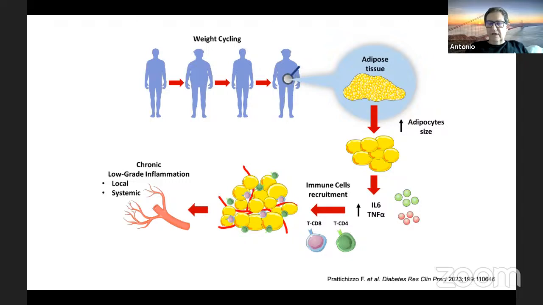And according to several pieces of evidence, this is enough to promote an increase in the expression and release of cytokines like IL-6 and TNF-alpha, which in turn produce immune cell recruitment, which also generates inflammation, both local and systemic, the so-called low-grade inflammation. And you know, low-grade inflammation is the background of several diseases, but particularly of cardiovascular disease.